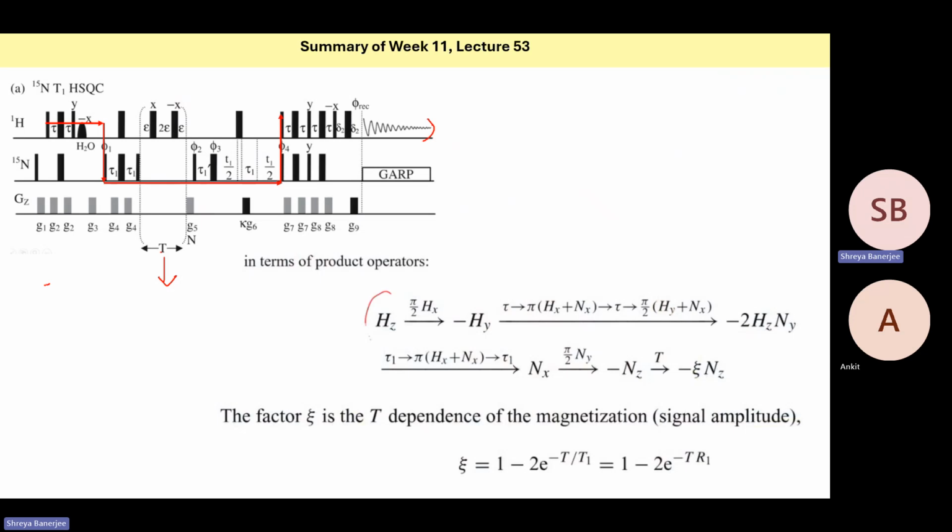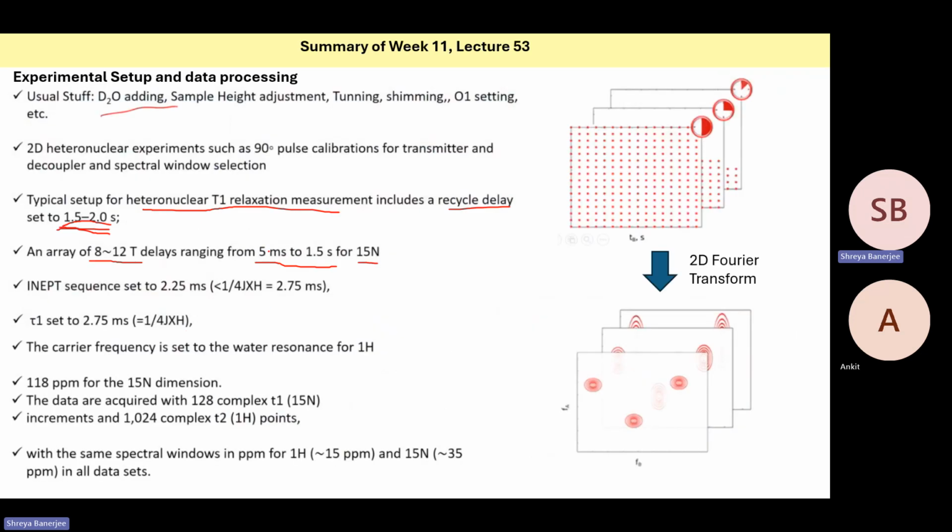So the total number of experiments should be 8 to 12, and the T value should vary from 5 milliseconds to 1.5 seconds. These values you can remember, as they can be asked as MCQ questions in the exam. And there are other things you can remember for 15N, you can see these two.